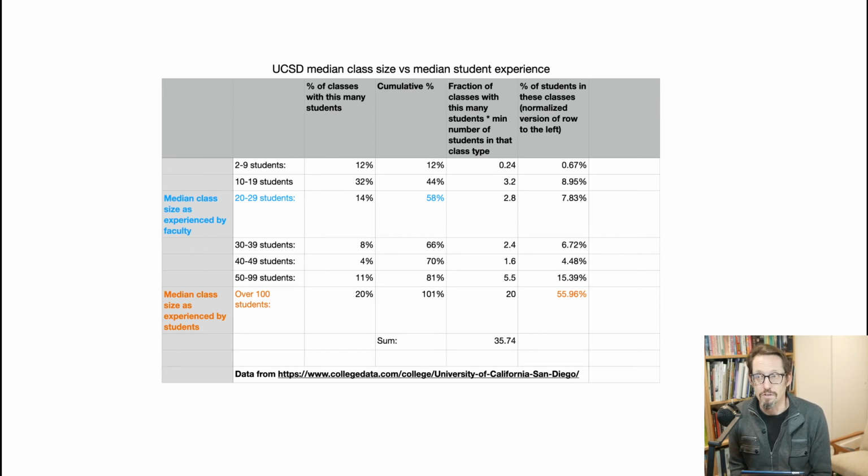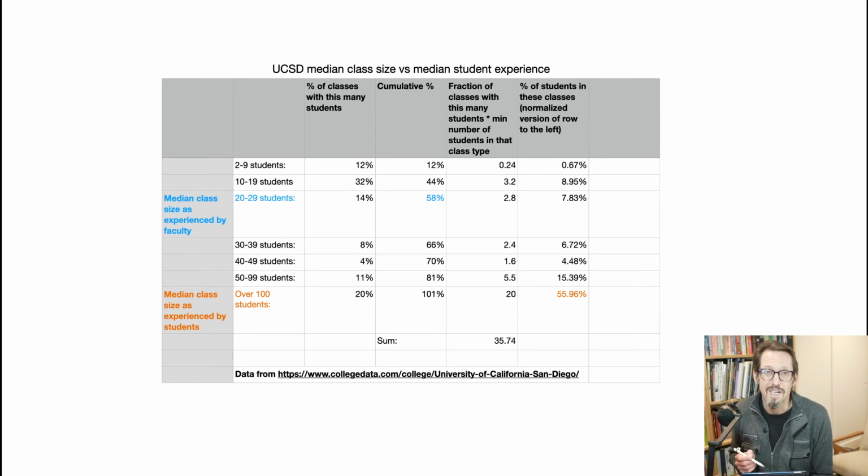I found a source of the data on class size on collegedata.com, which breaks it down into bins. Okay? So we can see here, tiny classes, 12% of the university's classes offered apparently are tiny. And a bit higher, a third of them are 10 to 19s, and so on and so forth. So by doing this, we can go through that list and figure out roughly where the mean size is.